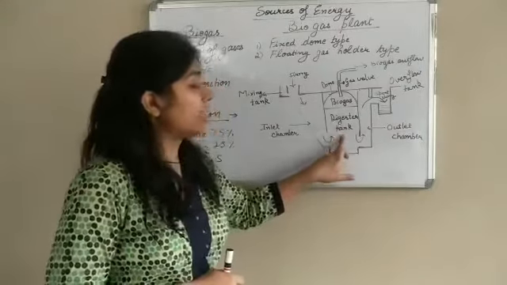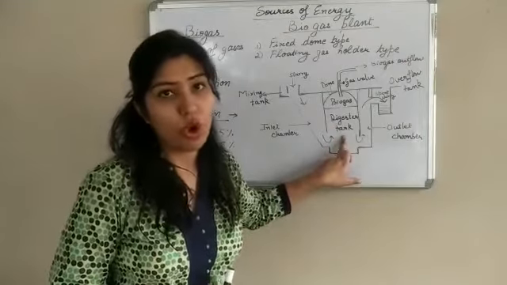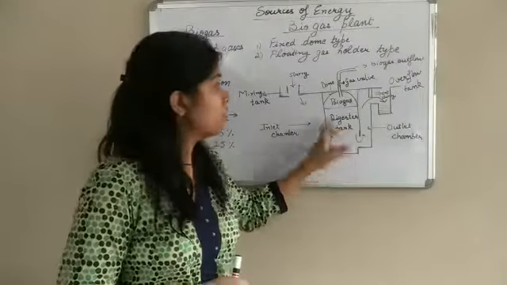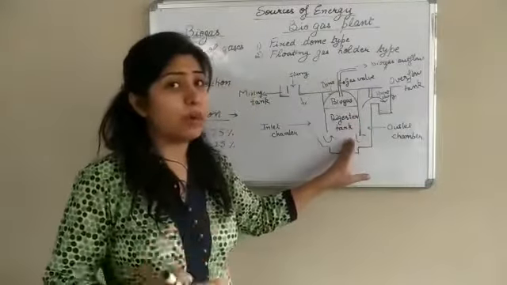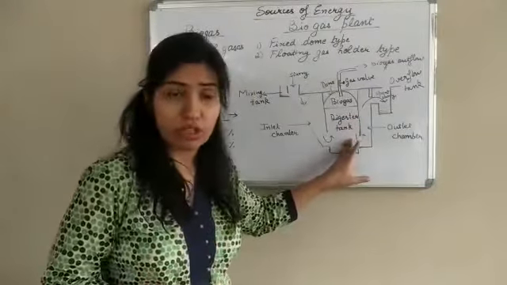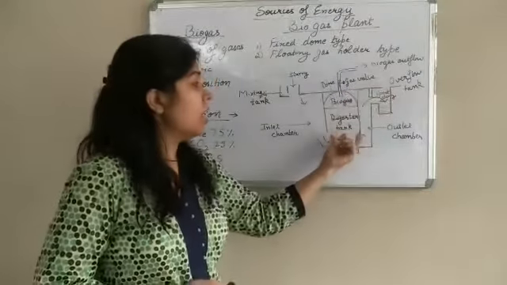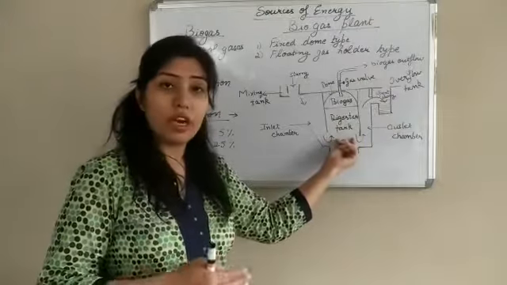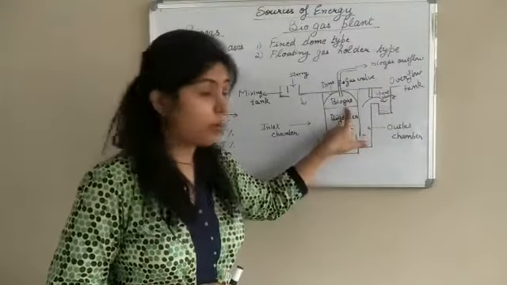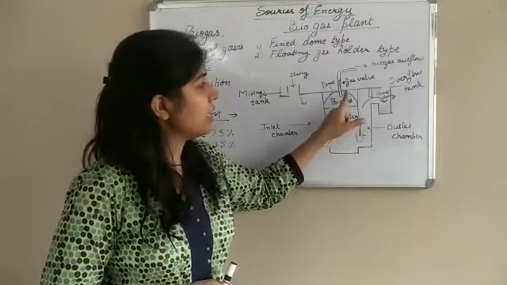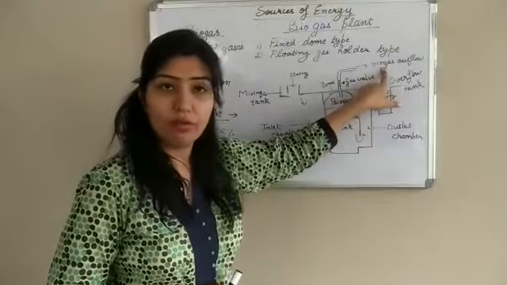This biogas takes roughly 30 to 40 days to start collecting in this biogas plant. After 30-40 days, once the biogas has started its production, you can use it on a regular basis. The digester tank undergoes anaerobic decomposition and produces biogas. This biogas is collected by this gas valve and goes through the biogas outflow.